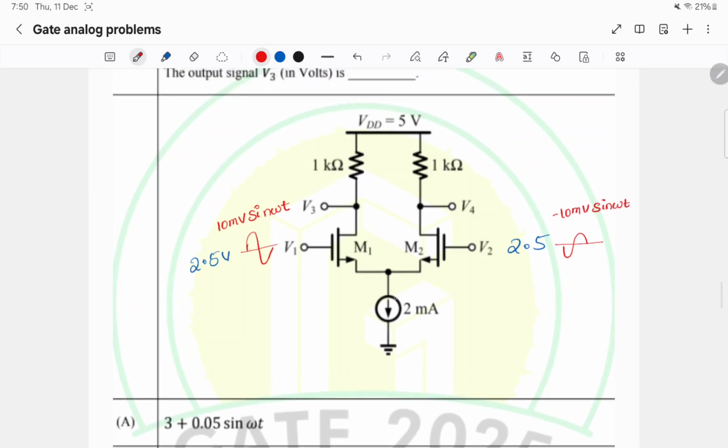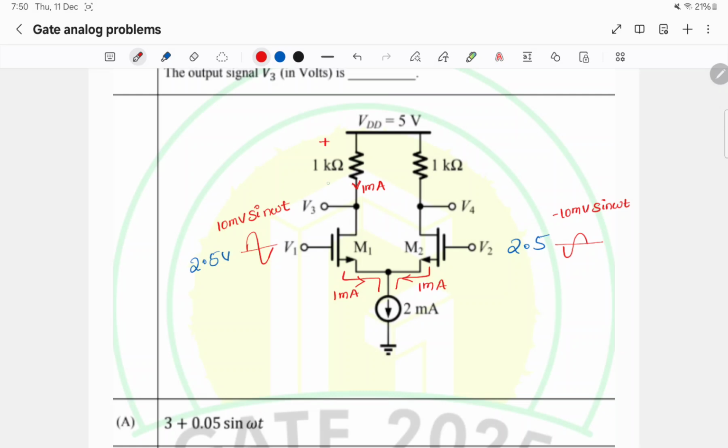We can clearly see that 2 milliamps of tail current is flowing, so 1 milliamp each will flow in M1 and M2 because they have the same VGS. Because of the symmetry, 1 milliamp will flow through this 1 kilo ohm resistor.